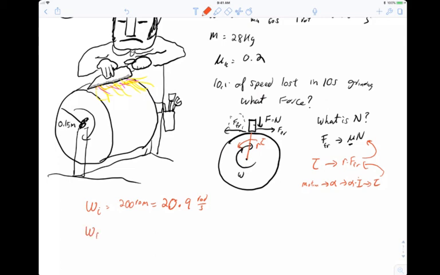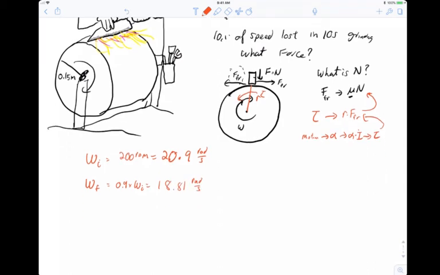We know that afterwards it's lost 10% of its speed, and so it's moving at 90% of its original speed, so its final is going to be 0.9 times the initial, so that's 18.81 rads per second. I know the amount of time it took to go from one to the other.